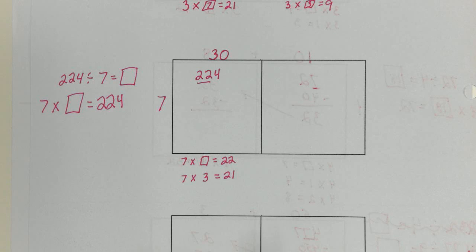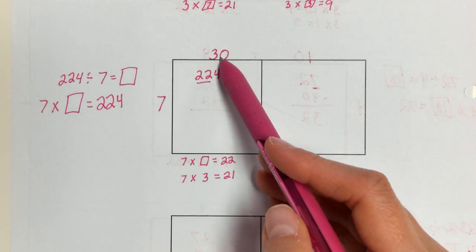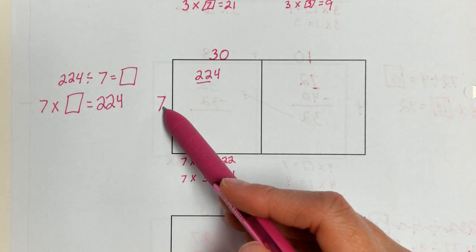Okay, what do I need to do first? Okay, I need to multiply to get this 30 times 7, right?